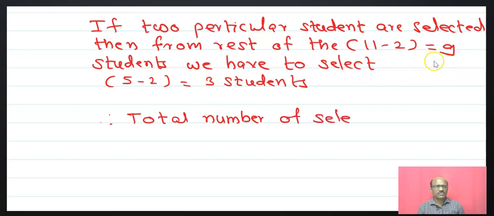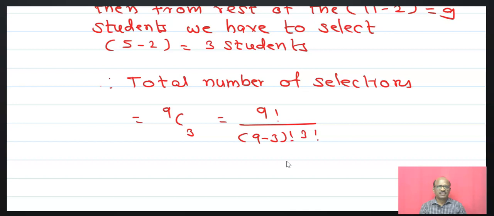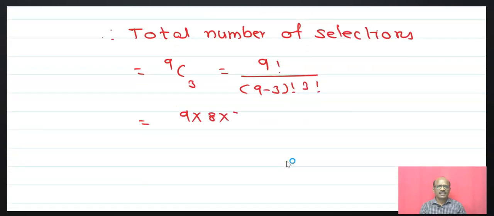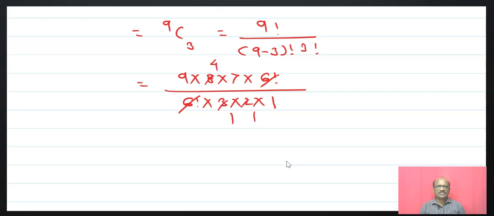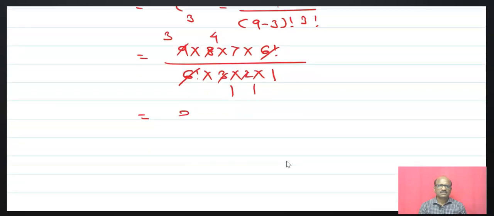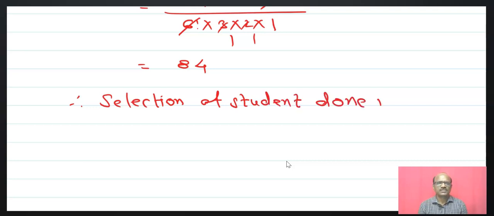Therefore, the total number of selections is 9C3, that is 9 factorial upon 9 minus 3 factorial into 3 factorial, that is 9 into 8 into 7 into 6 factorial upon 6 factorial. These get cancelled and you will get the answer, that is equal to 84. The selection of students is done in 84 ways.